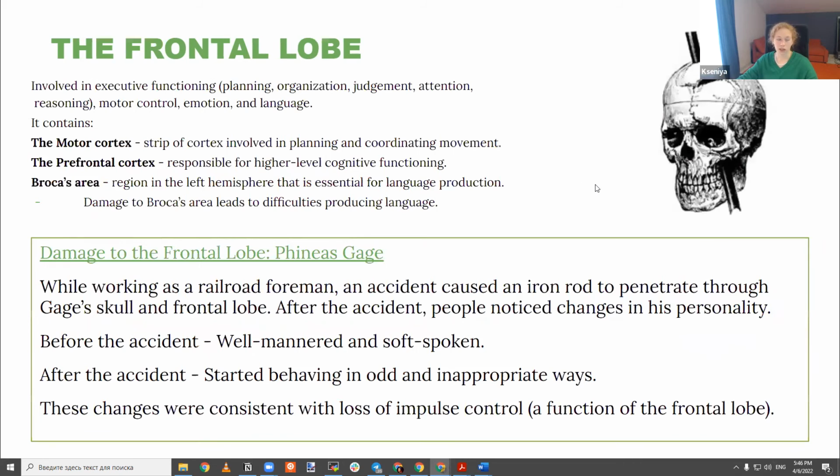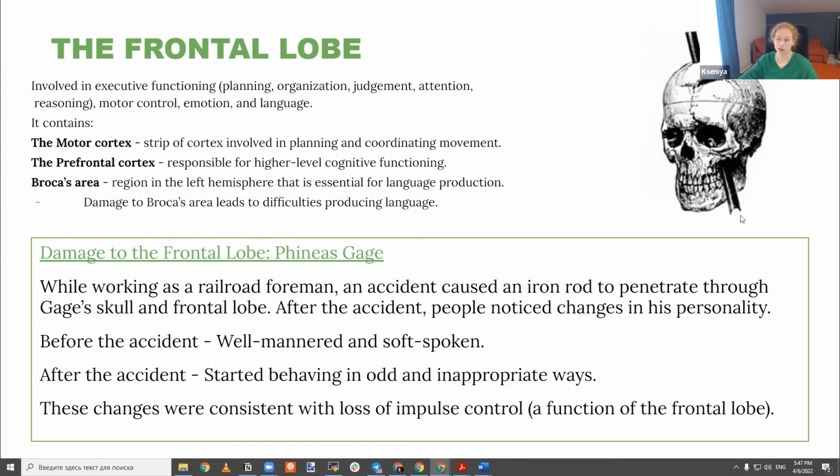So a little summary for you about the frontal lobe. I want to know where it first became clear what some of the functions of the anterior lobe of the brain are. So this was due to an accident in the mid of 19th century with Phineas Gage.